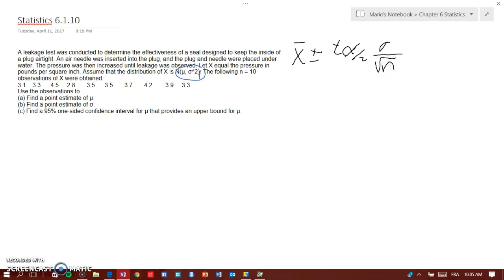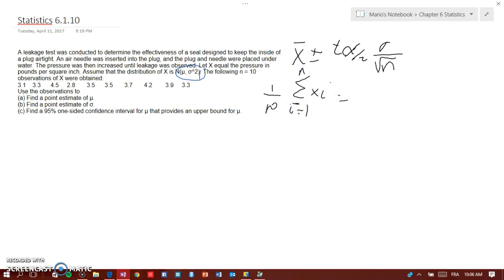Okay, so x bar is 1 over n, so 1 over 10, times the summation of xi, i equals 1 all the way to n.